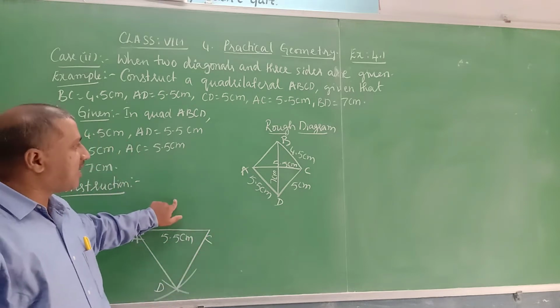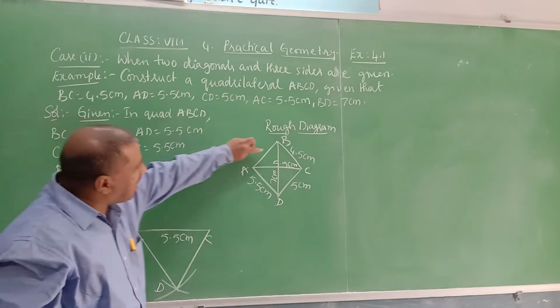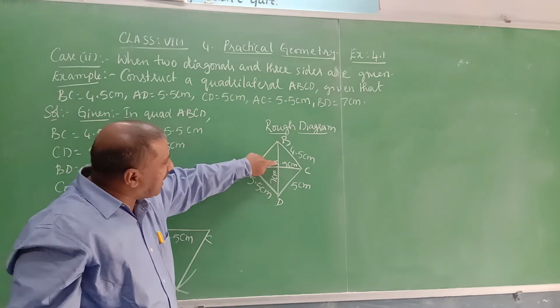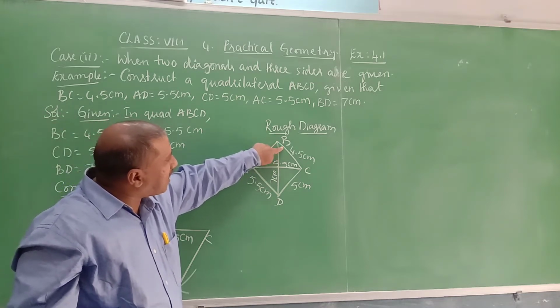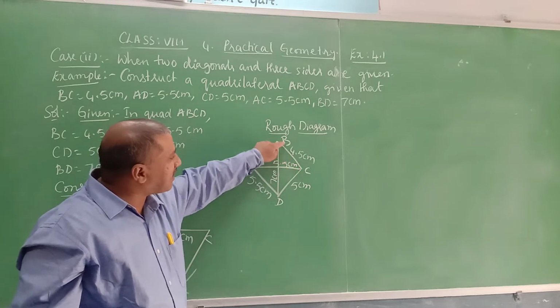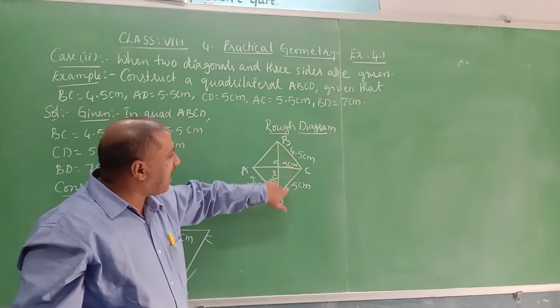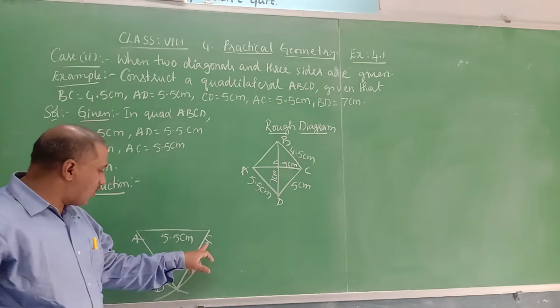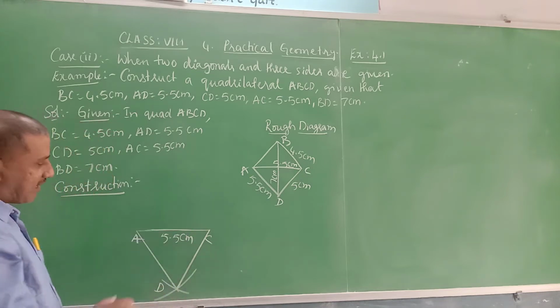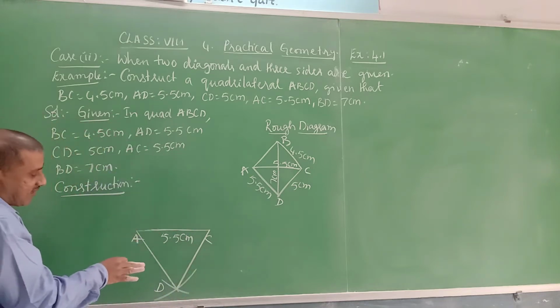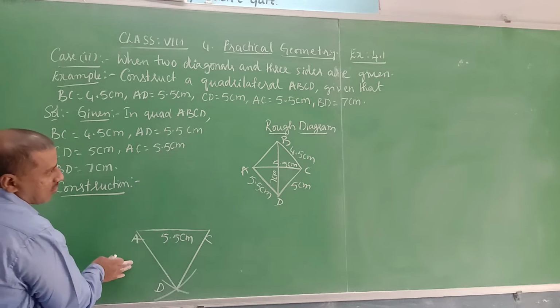To locate this point, see here we have a triangle. BD is one side, BC is 4.5 centimeters, and CD we know is 5 centimeters. Again we use the concept of SSS congruency and construct one more triangle.